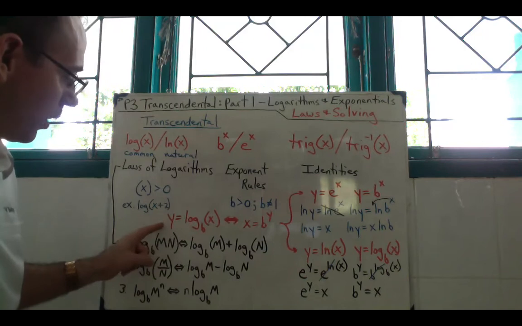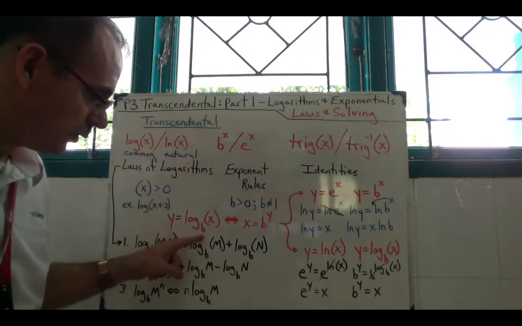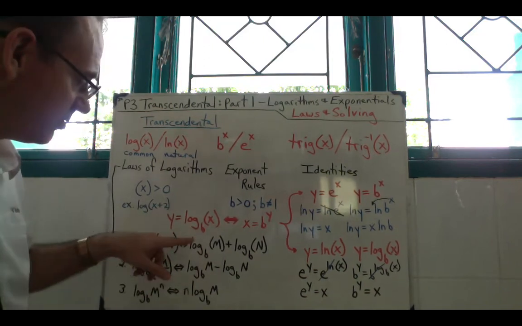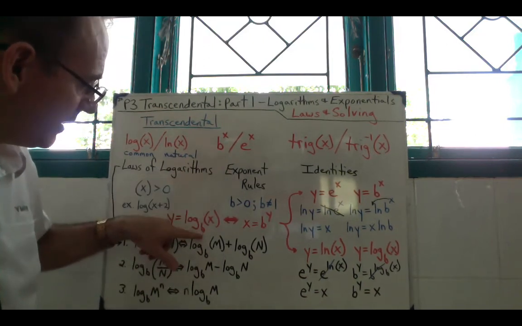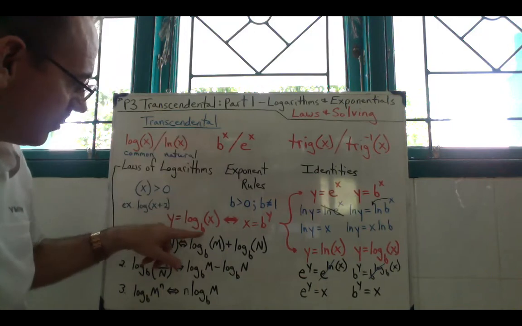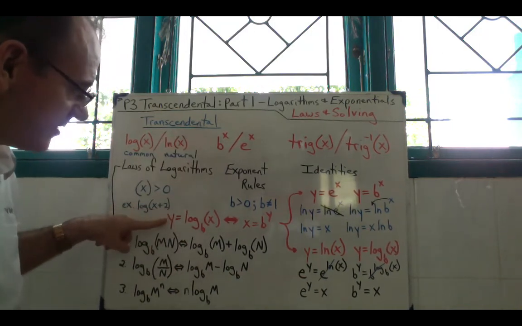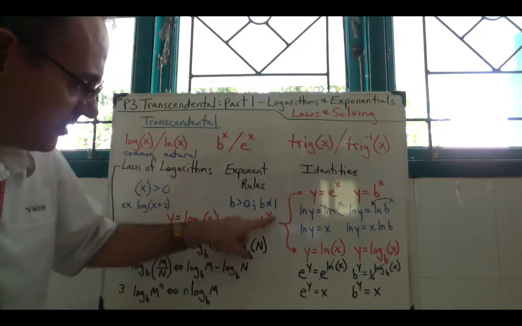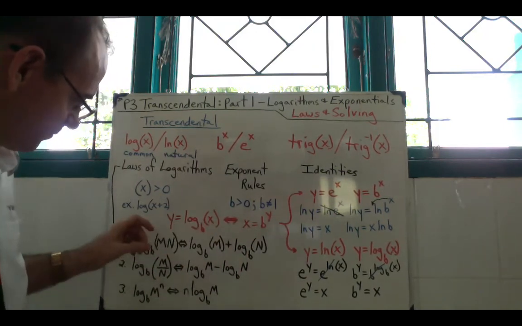If you start with y equals log to whatever base of the argument x, then notice the b is your base raised to the exponent equals the argument. The base raised to the exponent equals the argument.